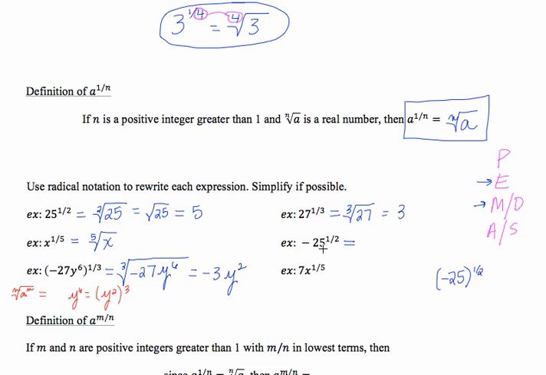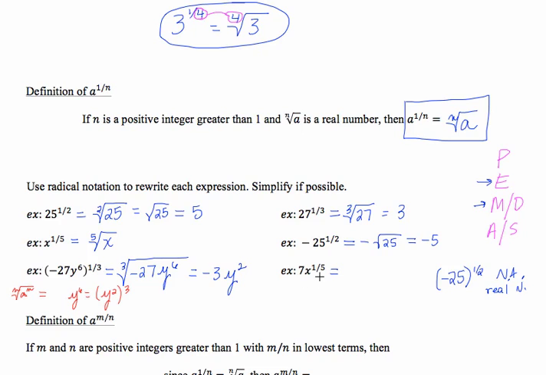And this up here, if you apply the half to the 25, we would rewrite that as the square root of 25. And the negative hangs out front, and so therefore you have -5. Now if the negative had been inside parentheses, this would not be a real number, it's an abbreviation, because there is no square root of a negative number.